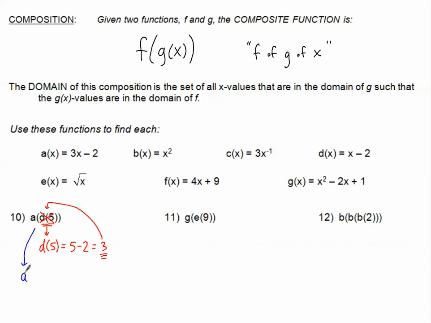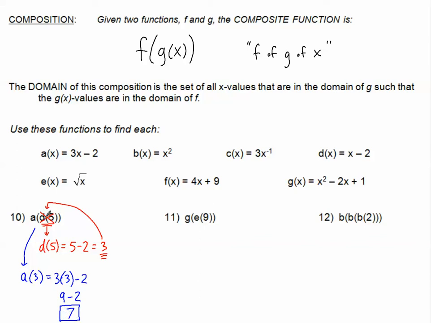That means I'm looking for a of 3. Obviously dealing with a different function and a different input. So here's a of x. It says 3x minus 2. A of 3 will be 3 times 3, in parentheses, minus 2. That, of course, is 9 minus 2, and that is 7.